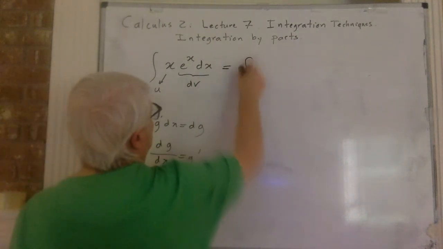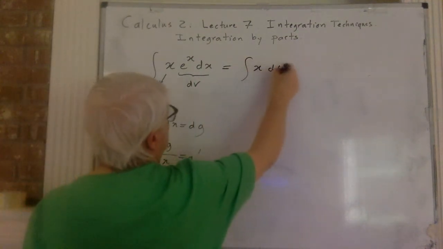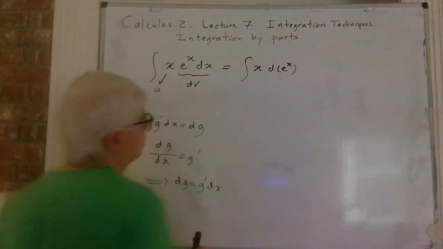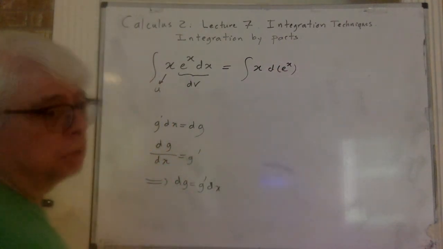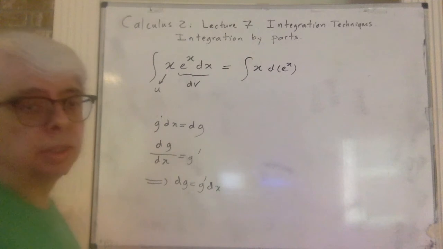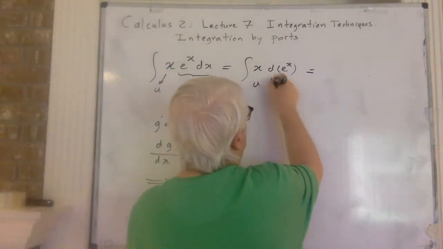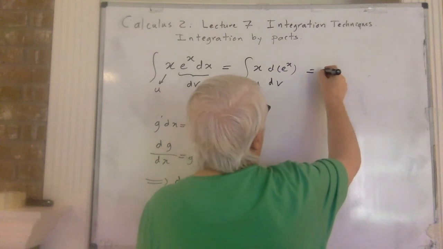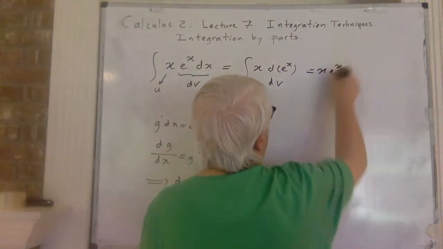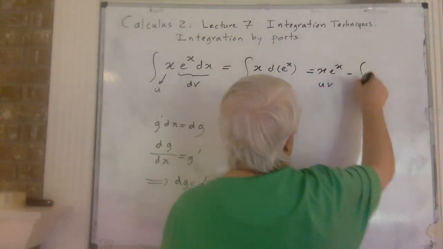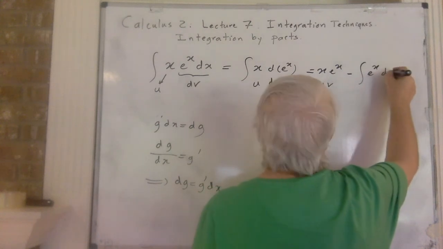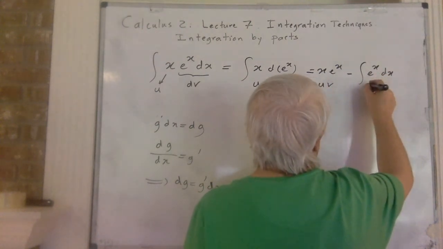So this equals x d e to the power x. Remember, u dv is uv minus the integral of v du, so x e to the power x minus the integral of e to the power x dx.